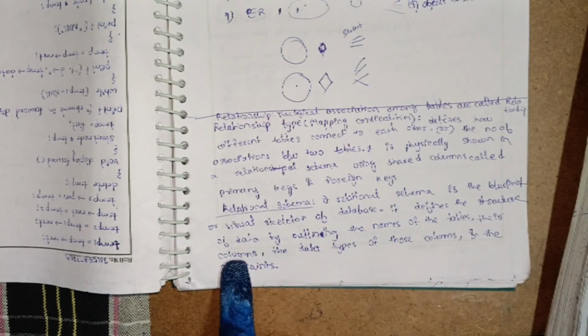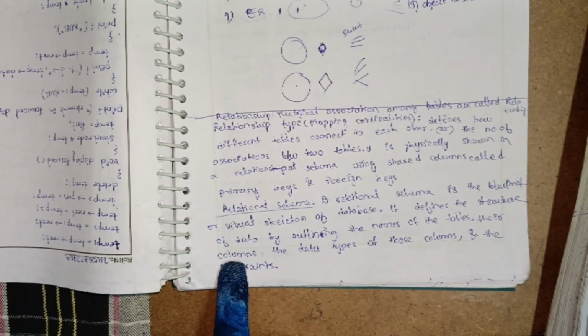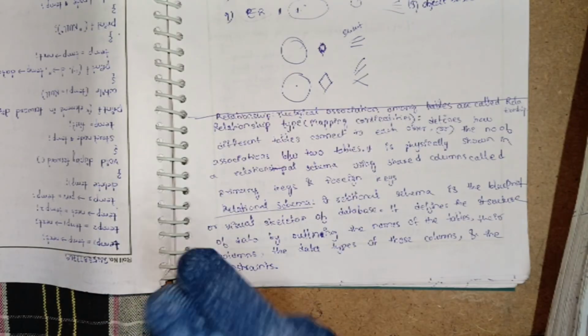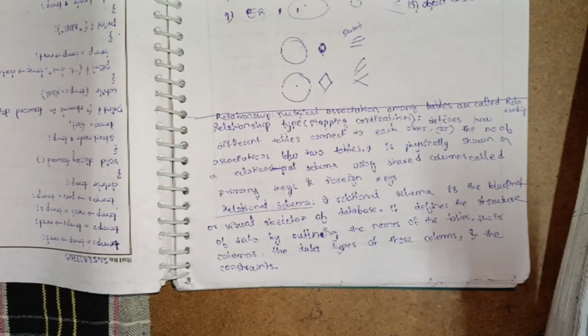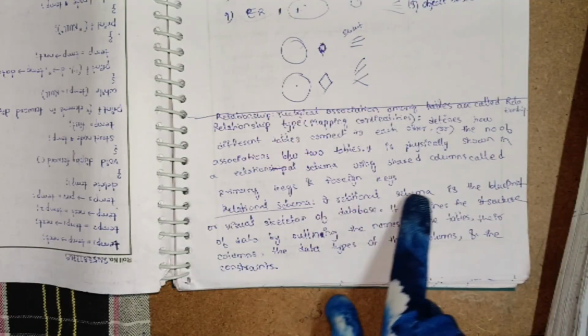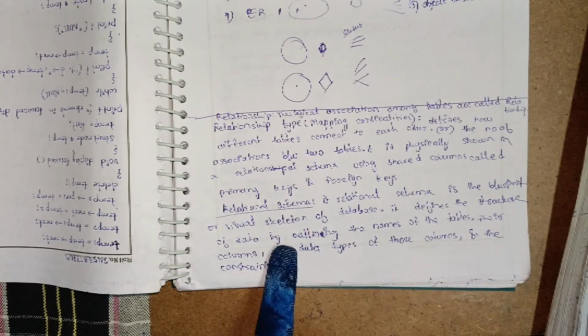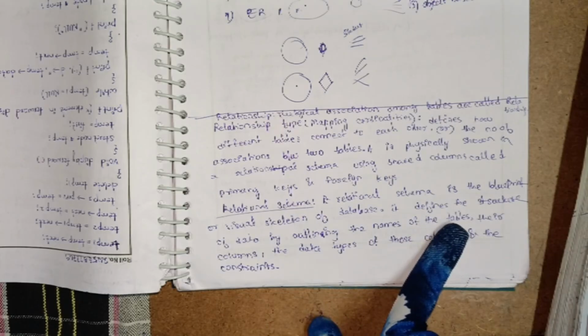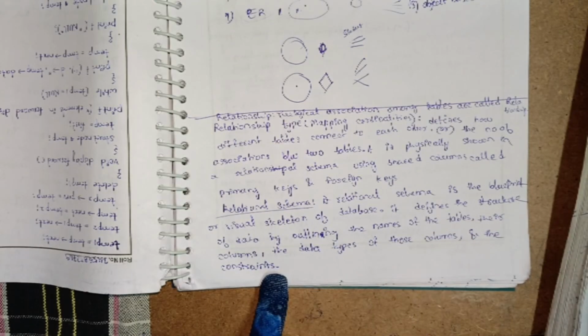So here it describes the columns also, meaning the attributes through which we can relate two tables.